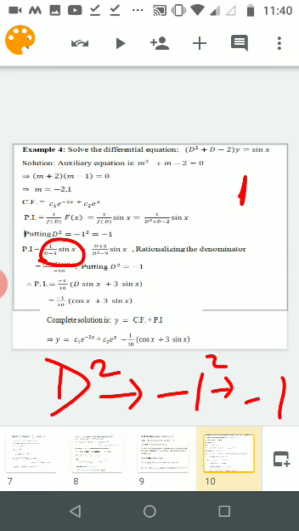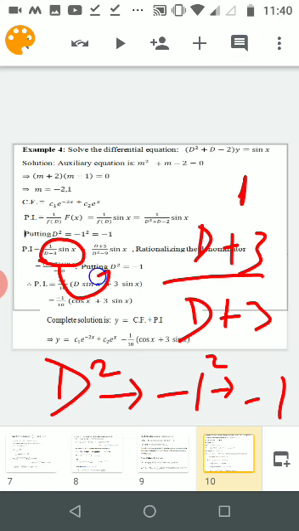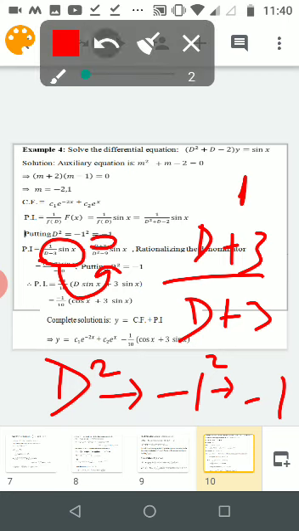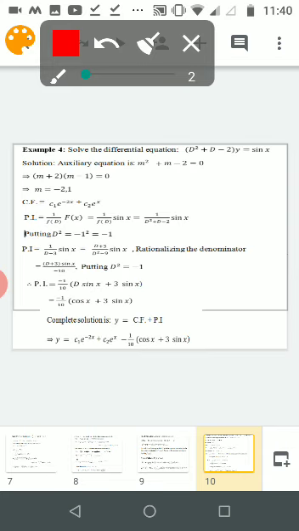But we don't have a D square, so we'll have to multiply and divide it by D plus 3. That's what they have done in this step. They've got a D plus 3 in the numerator, and D minus 3 into D plus 3 gives you D square minus 9. So where there's a D square, replace it by minus 1 and then work it out accordingly. This is an example which you can go through. So this is basically case 2 for sin x and cos x.